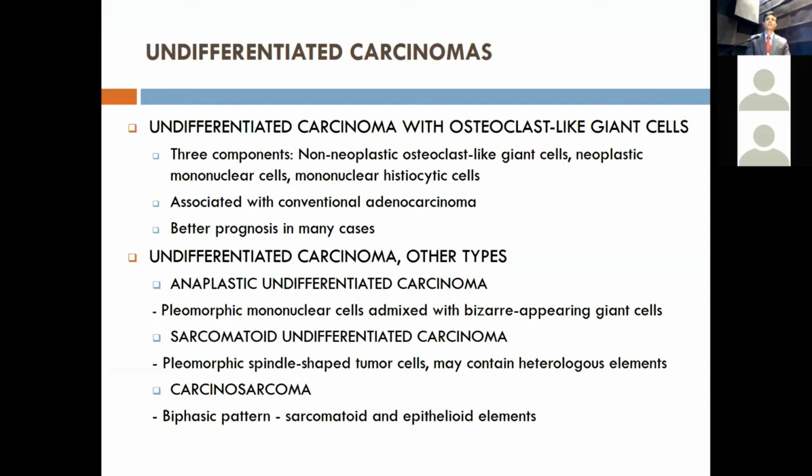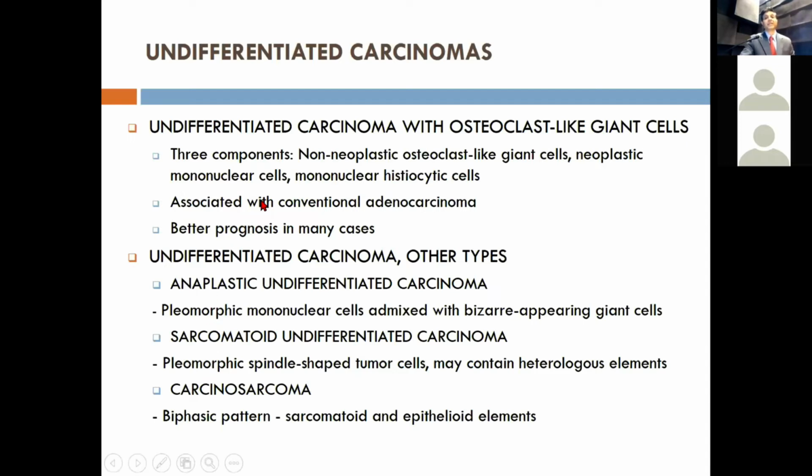So these two cases were examples of undifferentiated carcinomas of the pancreas. They are basically divided into two types, the one with osteoclast-like giant cells and others without. The reason for this is that many studies have shown the first entity has a significantly better prognosis. And as we saw in the case that I presented, the patient is still alive after 5 years.